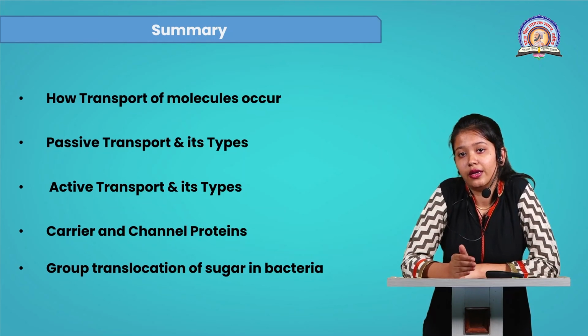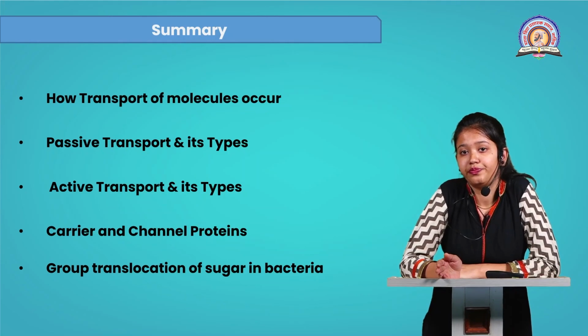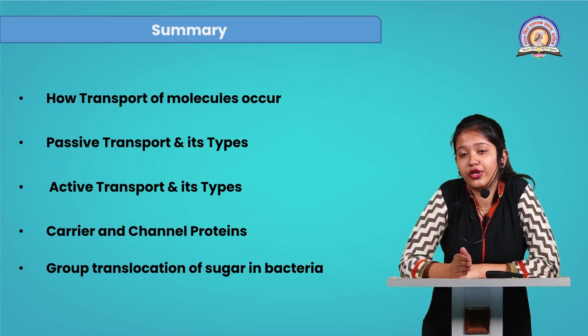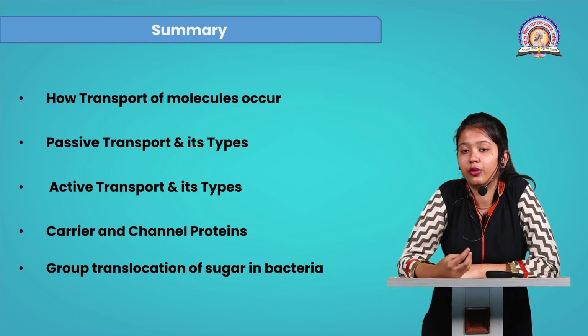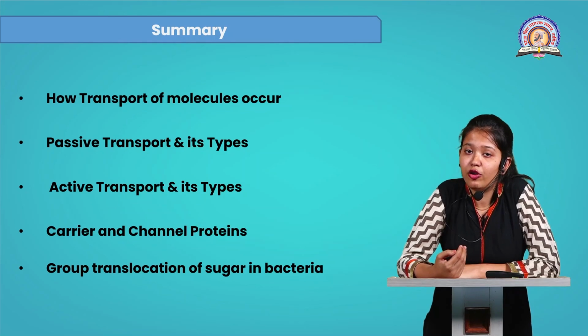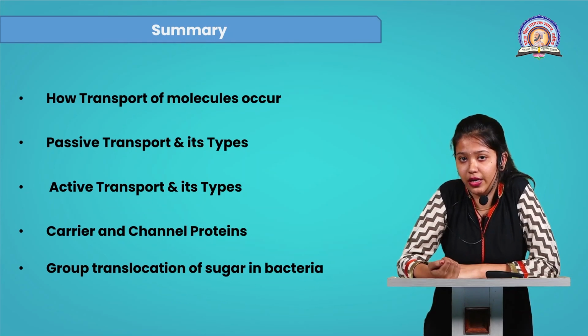Channel proteins have a fixed conformation, while carrier proteins can flip their conformation. The transportation rate for channel proteins is much higher as compared to carrier proteins. The transport rate of carrier proteins is much less.